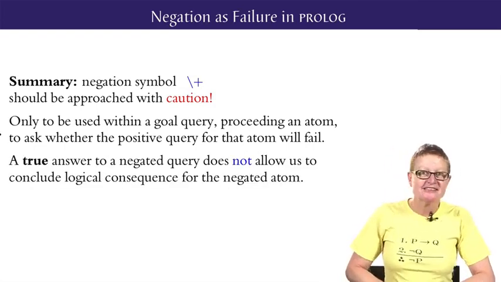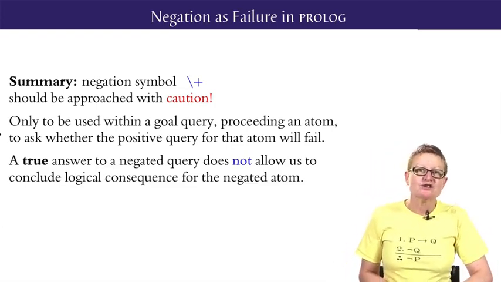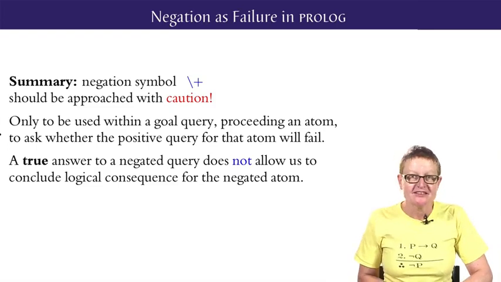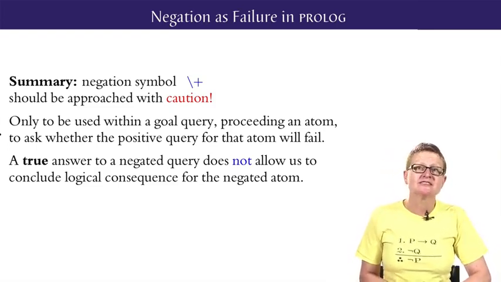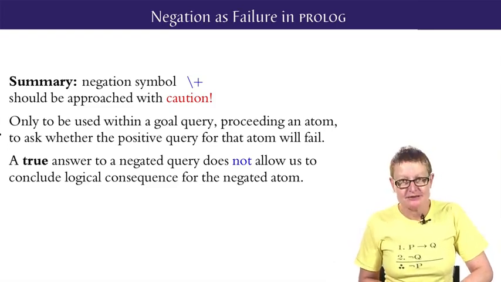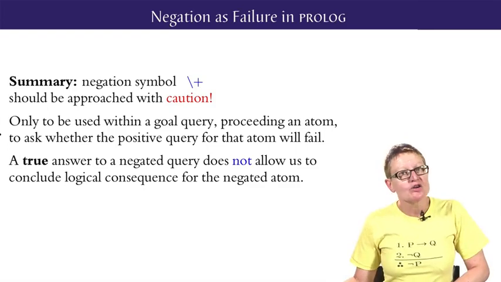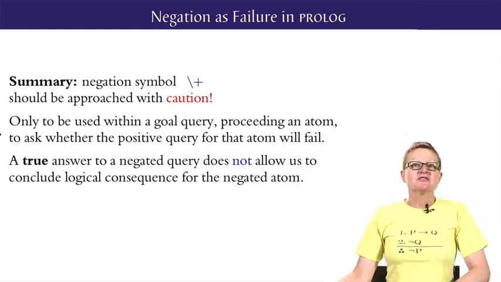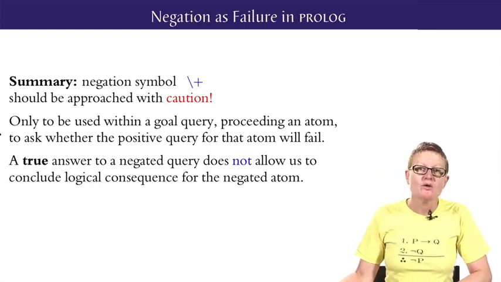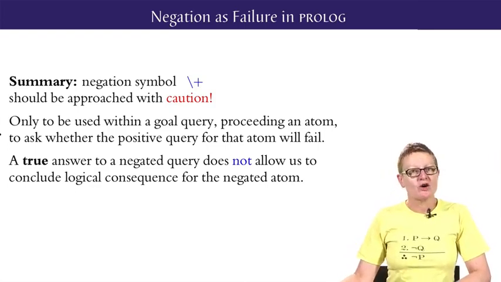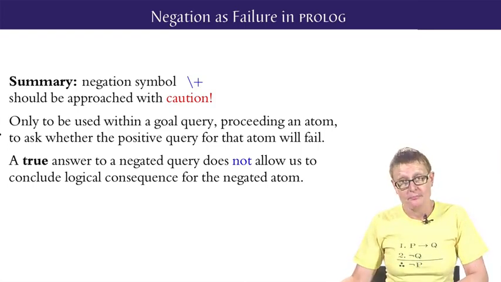Unlike true answers for standard positive queries, a true answer to a negated query does not allow us to conclude logical consequence for the negated atom. Further treatments of negation in PROLOG extensions use a concept called the closed world assumption, or alternatively go into what are called non-monotonic logics, but these are beyond our scope.